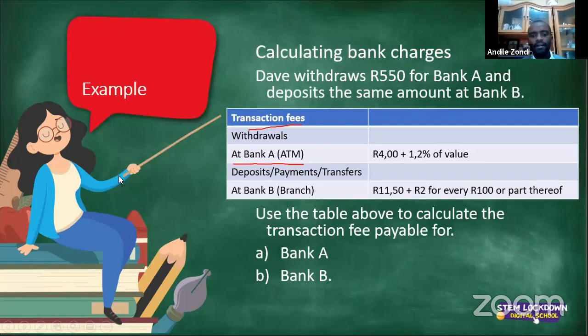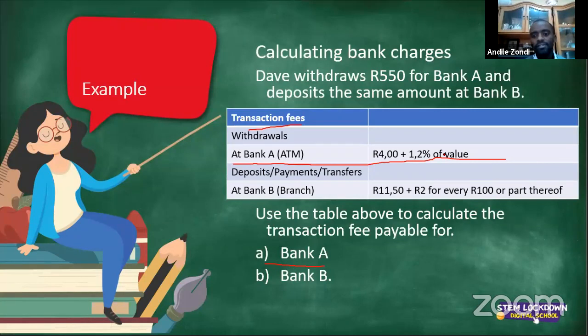Here's a formula that we'll be using to calculate how much money he'll be charged for withdrawing 550 from bank A. In this case, we need to look at bank A, because the question says use the table above to calculate the fee payable for bank A. At bank A, the formula will be 4 rand, which is a fixed amount, plus 1.2% of the value.